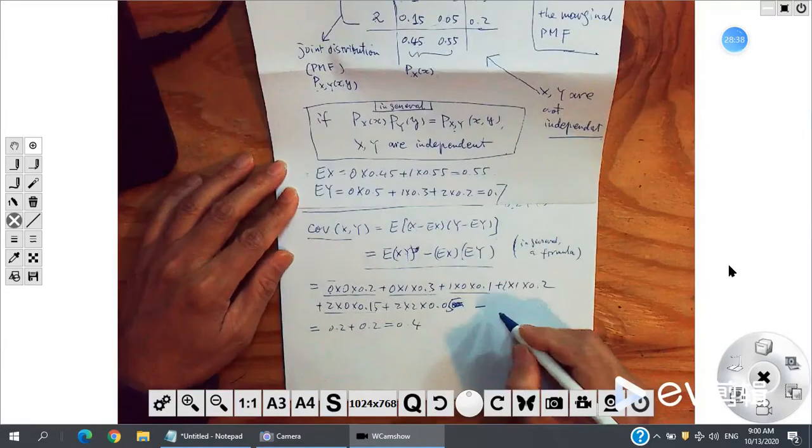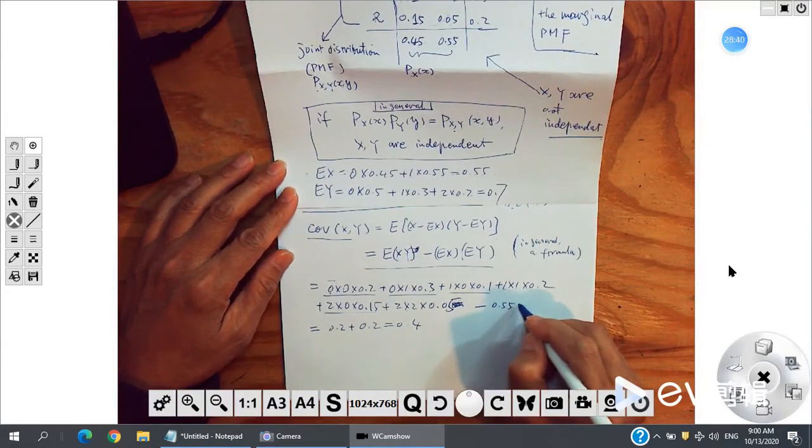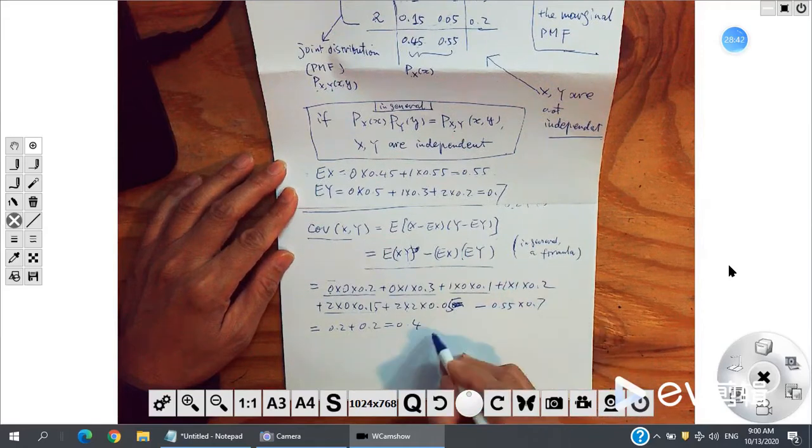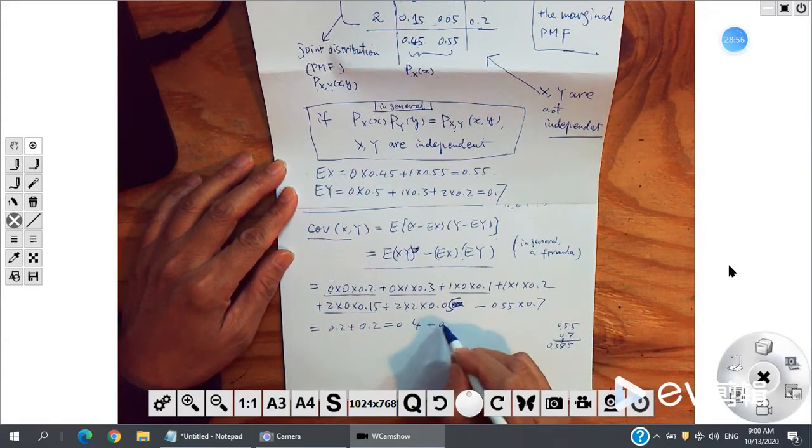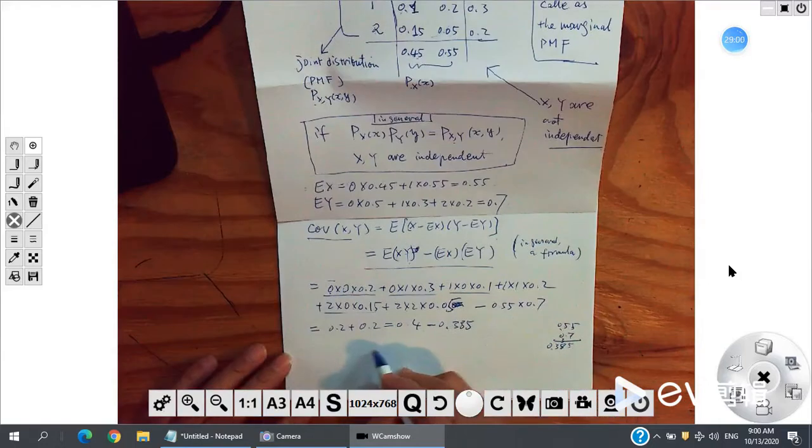EX is 0.55, EY is 0.7. So 0.4 minus this, which is 0.385. So the result I got is 0.015. It's the covariance.